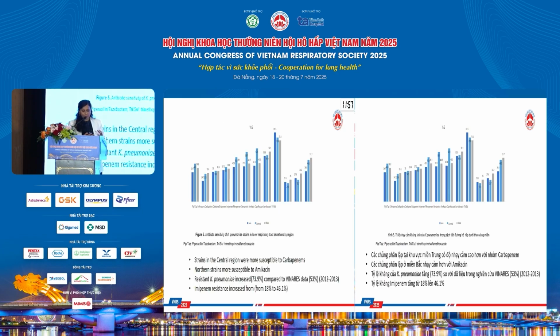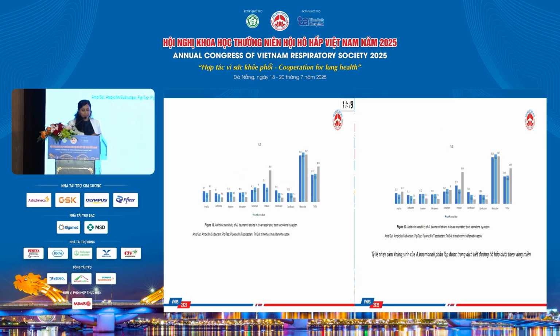I plucked this from the report and it was translated, so it's not translated very well, and the lines don't correspond very well, but it's just to show that for Klebsiella pneumoniae, the simple antibiotics are a big problem, and we are now needing to reach for our carbapenems, amikacin, for treating these infections. Resistance has also increased based on data that was captured. This was a 2020 report, compared to a 2012 report.